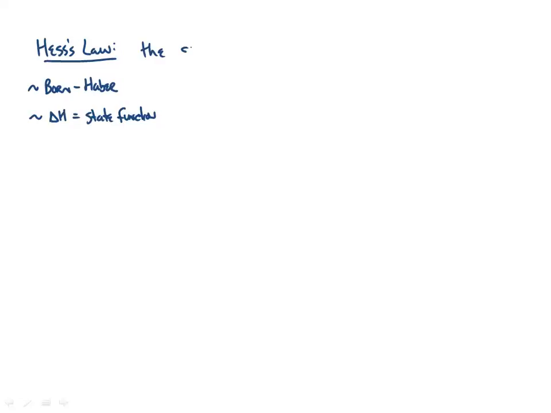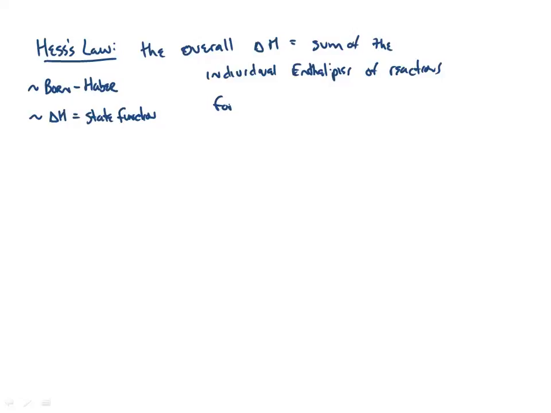So the idea is that the overall change in enthalpy is equal to the sum of the individual enthalpies of reactions for individual steps. Or really what we're saying is that delta H of reaction is equal to the sum of delta H of the steps. There are 5 rules that we need to know to kind of keep track of.